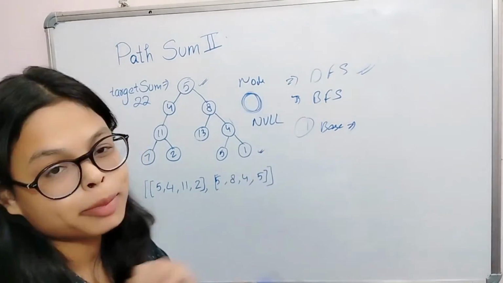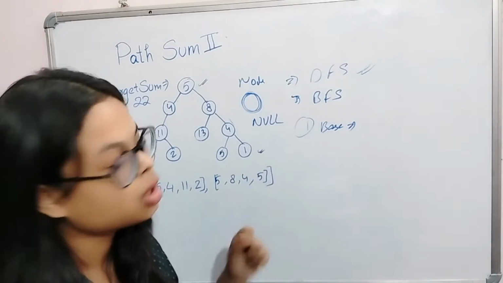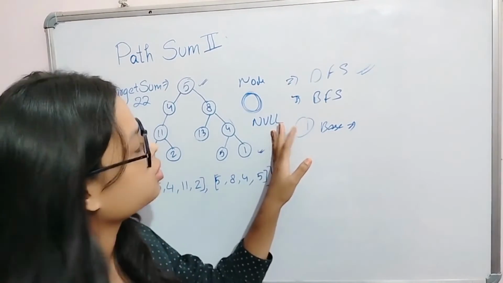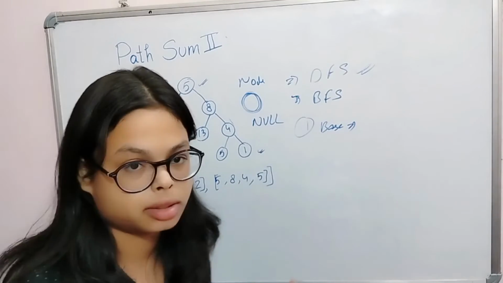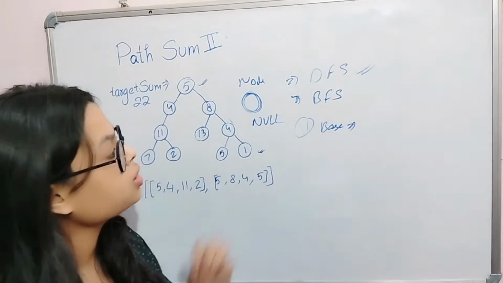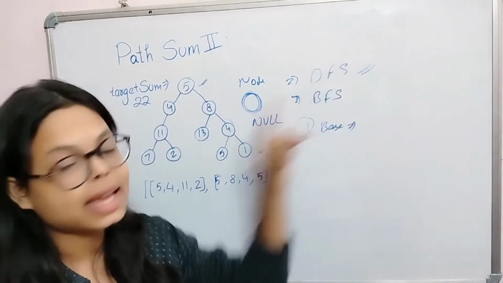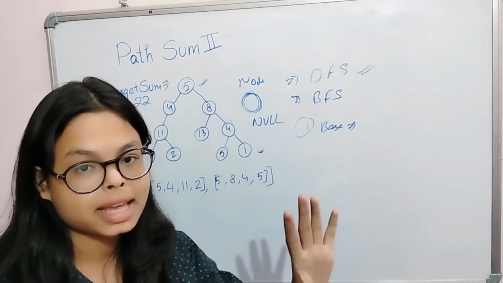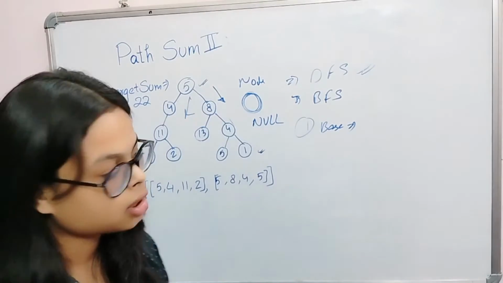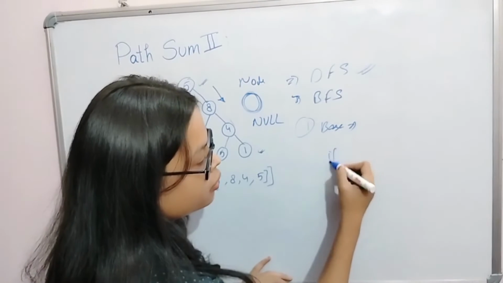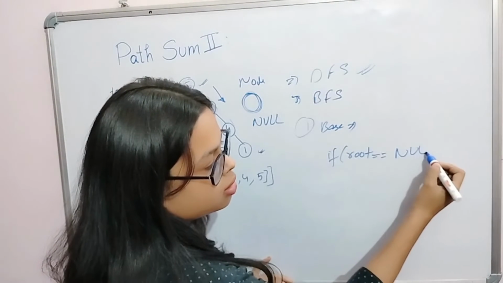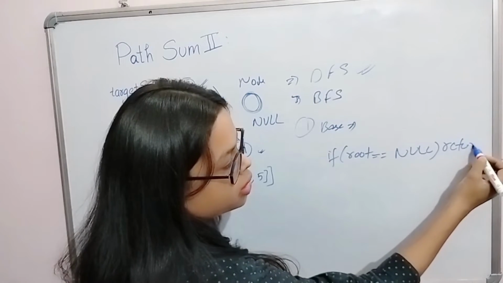We can't perform any operation on a null node, so if the root is null, we will simply return and perform no operation. Also, in DFS, first we go through the left child, then the right child.